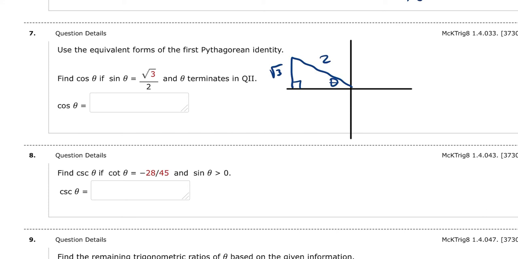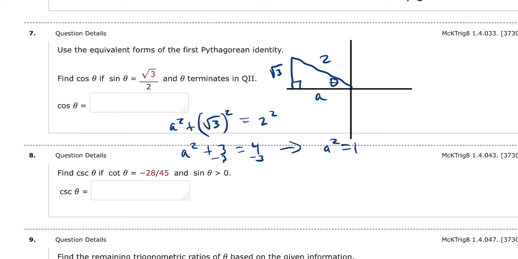So now we just need to find the missing side here. I would do the Pythagorean theorem: a squared plus b squared equals c squared. I'll call this a for now. A squared plus radical 3 squared equals 2 squared, which means that we have a squared plus 3 equals 4. A squared equals 1, and a equals plus or minus 1.